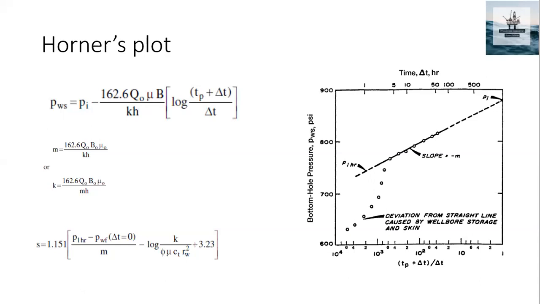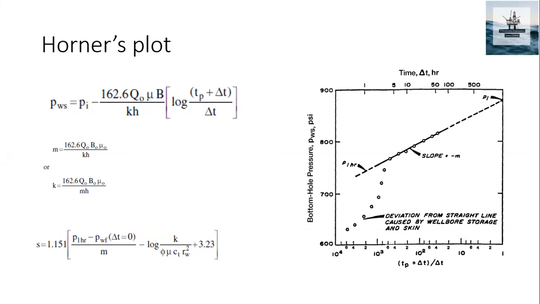Just before shut-in, the wellbore pressure is observed to be the minimum pressure. Once the shut-in period starts, delta T will start to tick from 0 to 0.01, 0.02, like that. It will go on. It depends on the time scale that you are preferring.